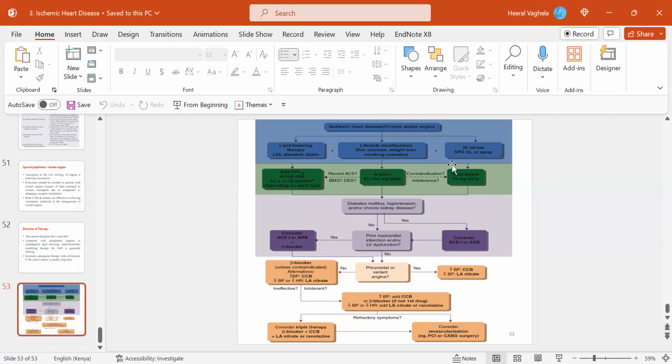Then aspirin, of course, antiplatelets, and the dose of aspirin is usually 75 to 165 mg per day. And if the patient does not tolerate aspirin, then you give them clopidogrel.